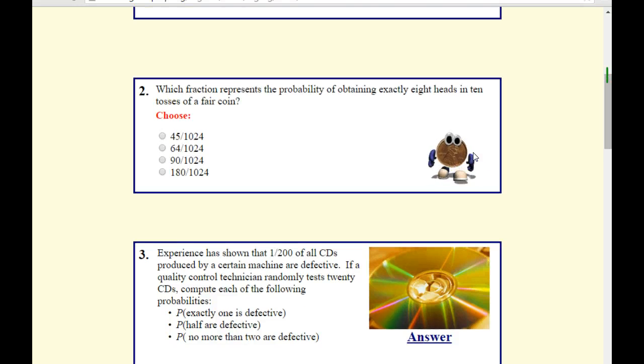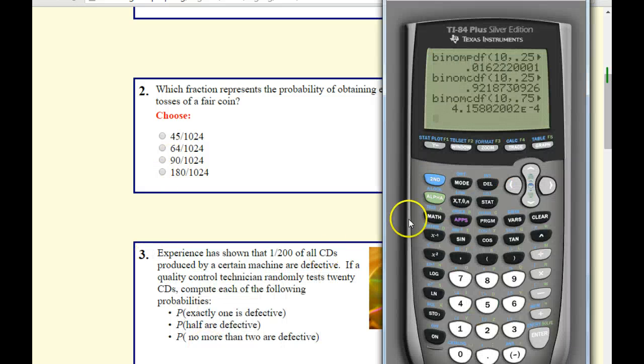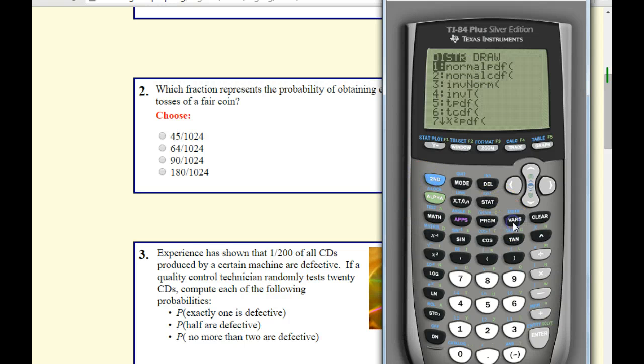I was actually. Okay, what fraction, can we do this one on our calculator? What fraction represents the probability of obtaining exactly 8 heads in 10 tosses of a fair coin? Exactly means what? Exactly means we need PDF or CDF? PDF. Yes, exactly means binomial PDF.